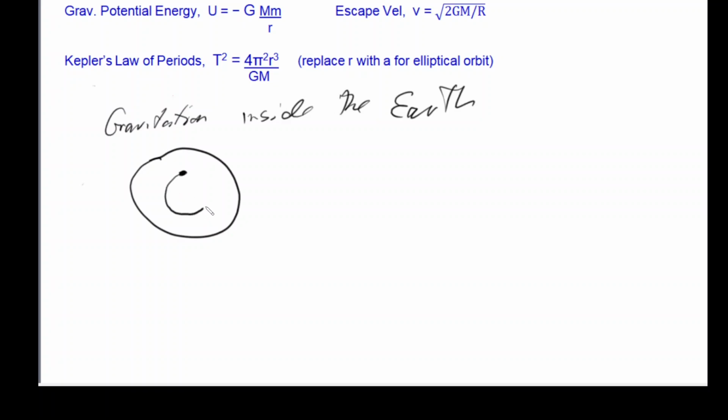So this is another sphere, and this sphere is radius r, and the radius of the Earth is capital R, and we have a shell that encircles the area above us. So that's the shell that's above our mass. And the Earth has a mass given as m sub e, and we have a mass of m.